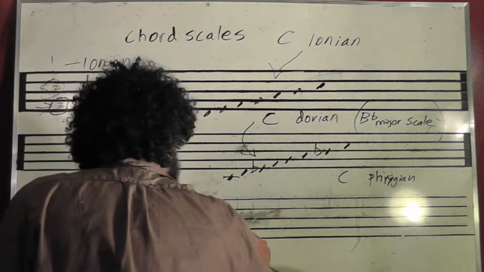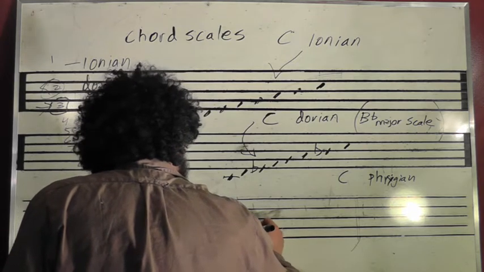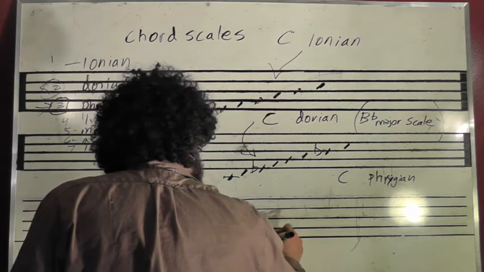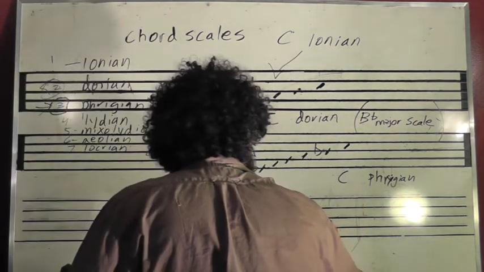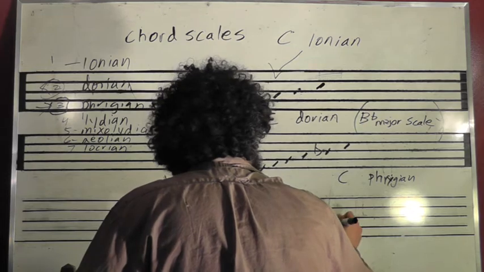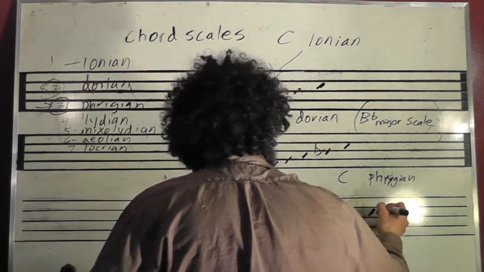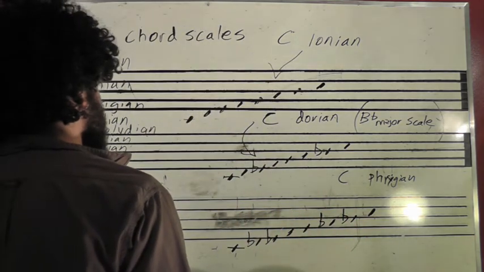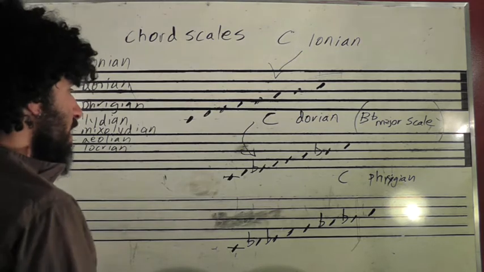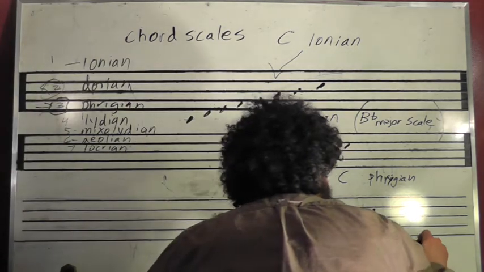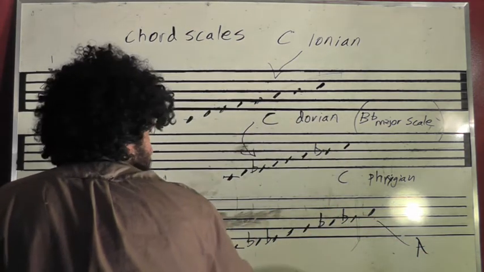So we start down here, C, D flat, E flat, F, G, A flat, B flat, C. Makes sense? All right, so that's C Phrygian.